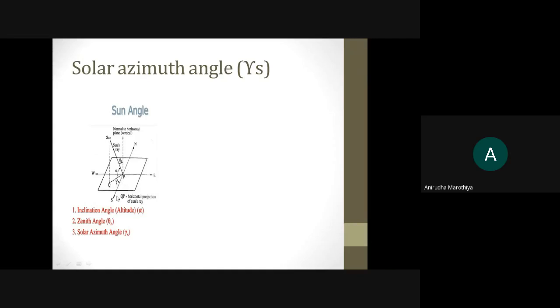And what is PS? A line due south. So I can define solar azimuth angle as the angle between the projection of incoming beam of solar radiation on the earth equatorial plane, which is PQ, and the line due south. That angle is known as solar azimuth angle. It is indicated by symbol gamma suffix s. Are you getting my point?